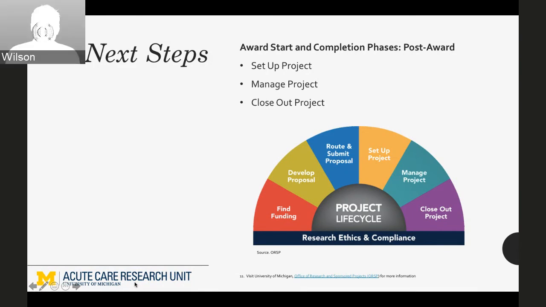These are phases in which you want to make sure all of the different objectives and aims, as well as the timeline listed in your proposal, are completed. For more information, visit the University of Michigan Office of Research and Sponsored Projects.